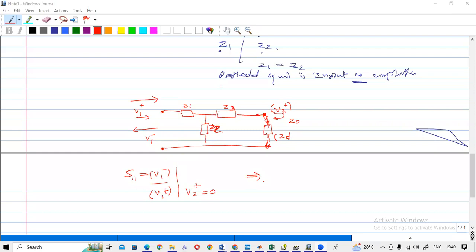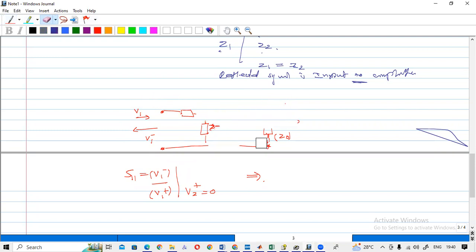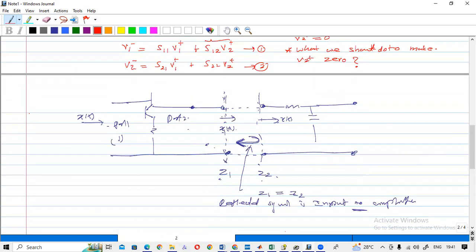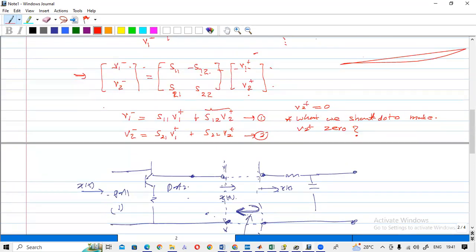So I will draw the circuit again here. So S11, this is what we need to find. If we want to find S11, you can get it from this equation.